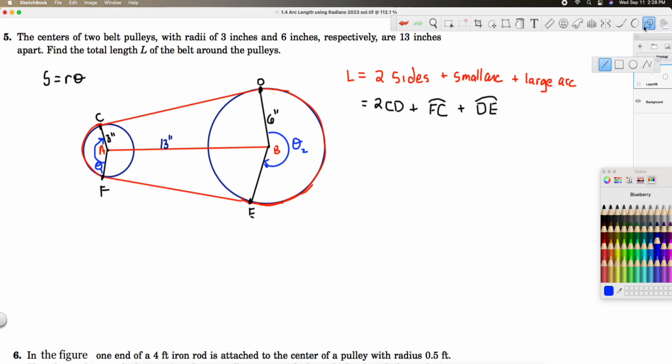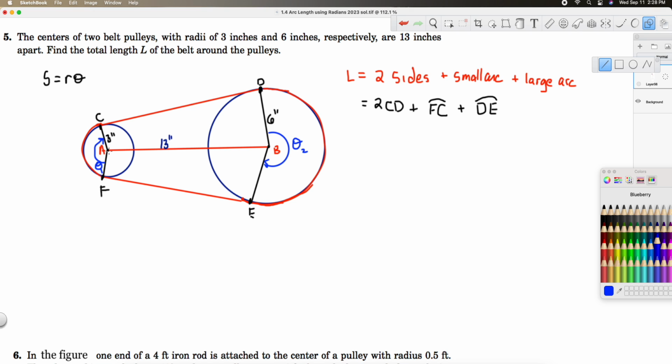Okay, so what do we do next? We want to think, how can I start solving for these side lengths and these angles? Now, if we see here, there's a right triangle.